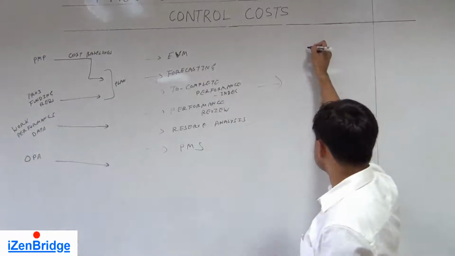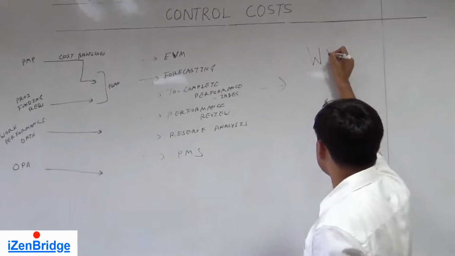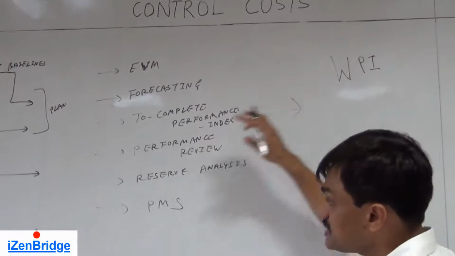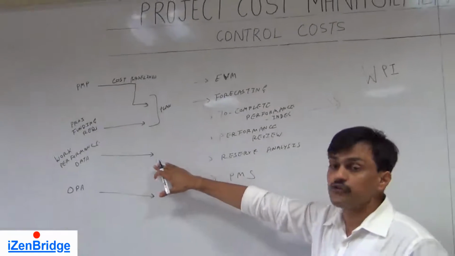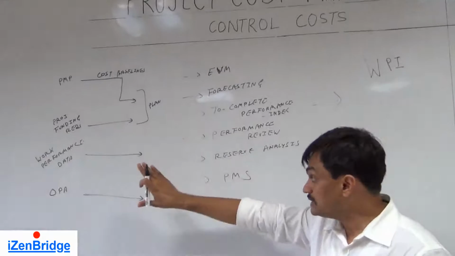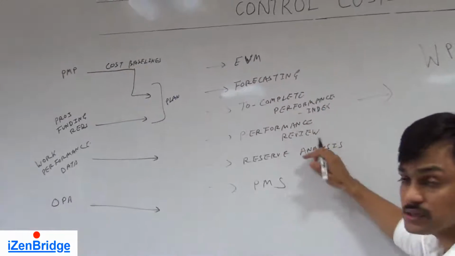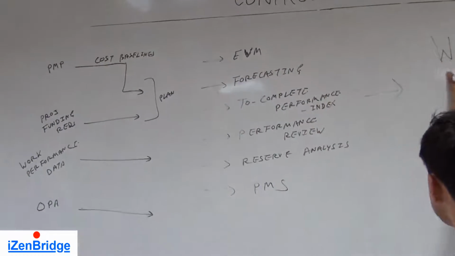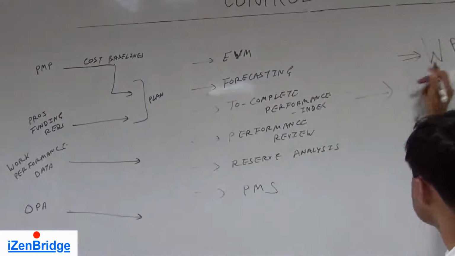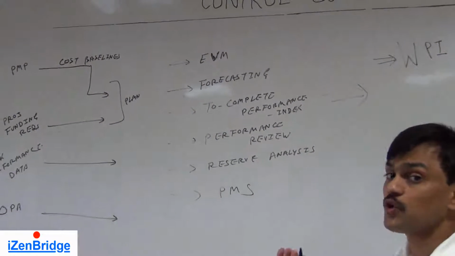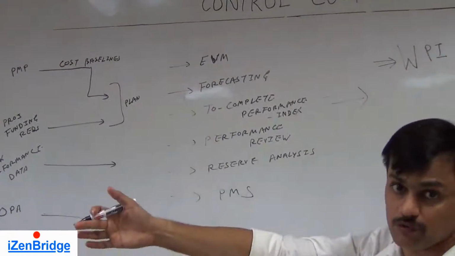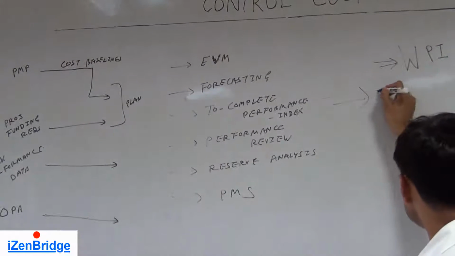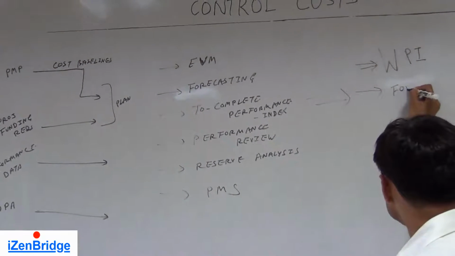It is compiled information from this data. On this data we have applied all these analyses, and now work performance information is giving us variance information. It is also giving us forecasting information. It also generates forecasts.